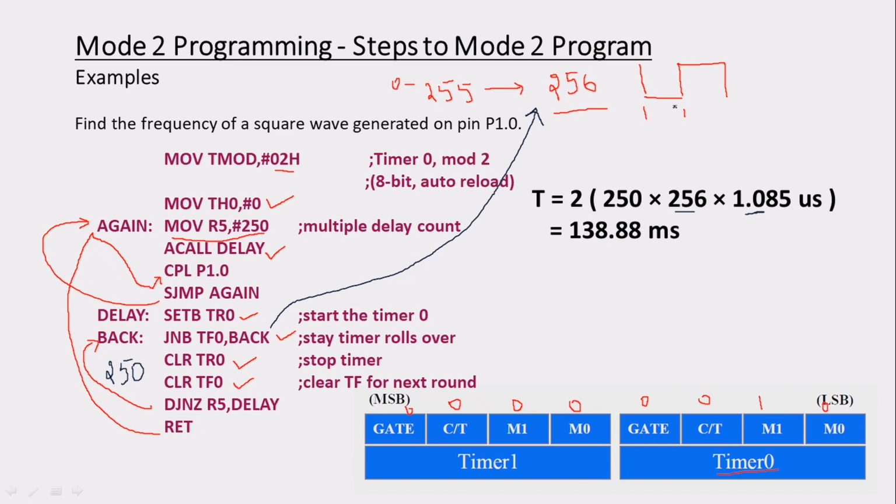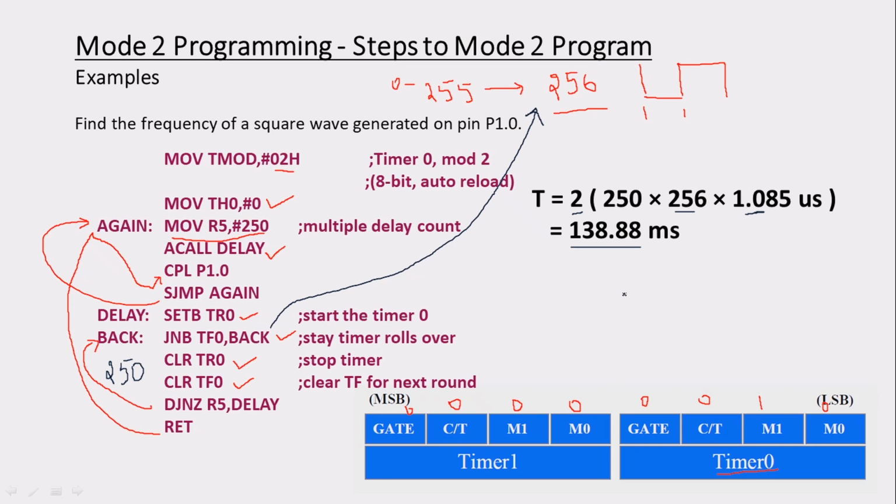Since we have two different cycles, a half cycle of logic 0 and another half cycle of logic 1, I'll be multiplying this whole thing by 2. So the time I'll be getting is 138.88 milliseconds. This is the total delay generated by this particular program.